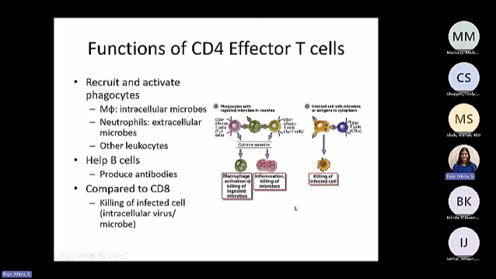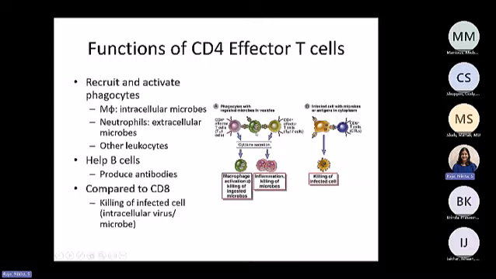So here the figure is just showing how that interaction occurs. CD4 T cells interacting with macrophages. Now remember, macrophages are one type of antigen presenting cell. So the macrophage presents the antigen, CD4 T cells recognize that, they get activated, they get that second signal, and then once activated, they actually help in activation of the macrophages themselves.